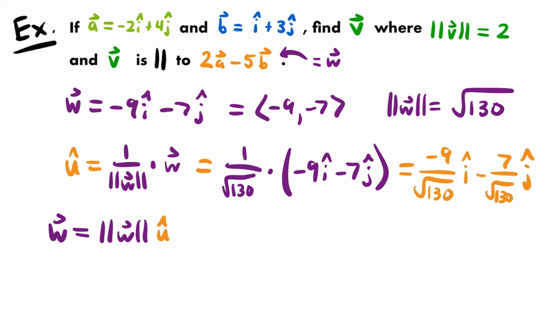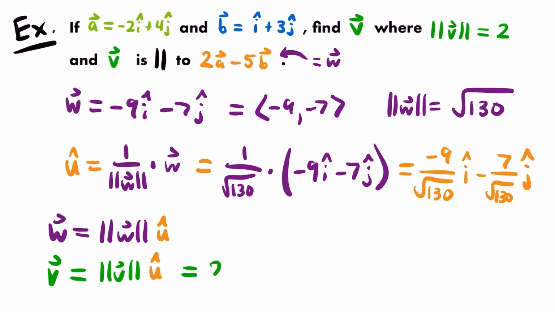In the same way, vector v, the vector that we want to find, would also be defined by its magnitude multiplied by a direction, a unit vector. And so if we want vector v to have the same direction as vector w, we want them to be parallel, we're going to use that same unit vector and multiply it by the desired magnitude for vector v. So let's do that.